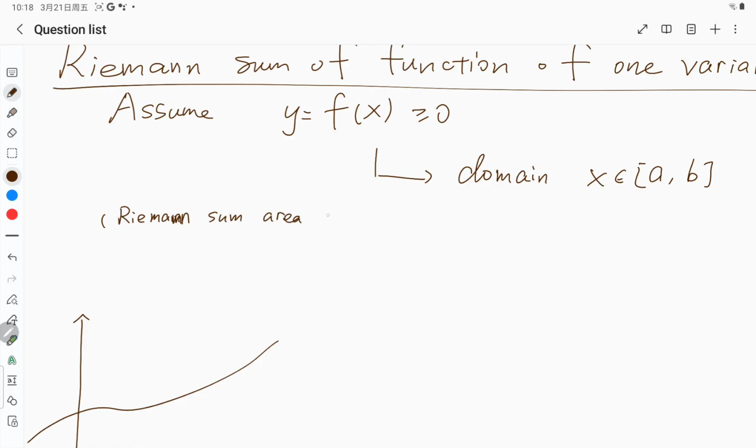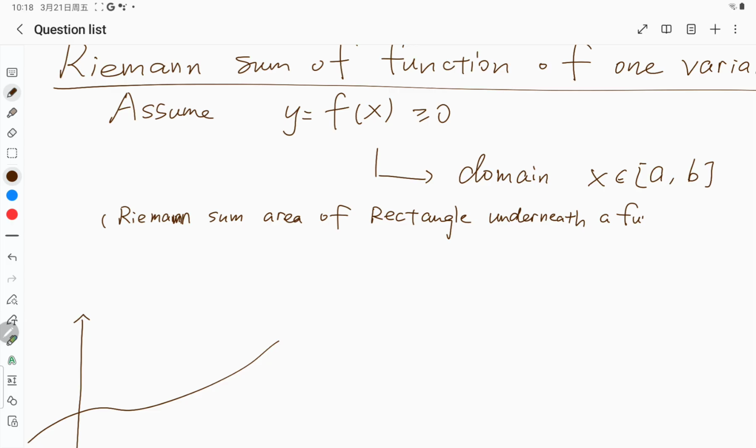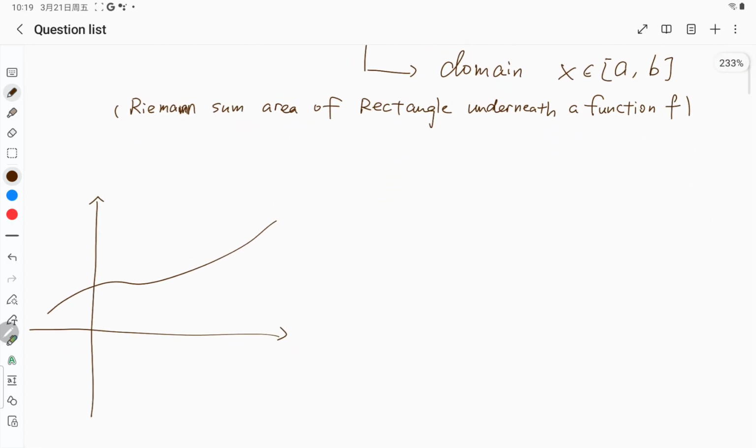So what does the area of rectangles mean? Usually the ultimate goal, the Riemann integral, would be the area underneath the function, right?